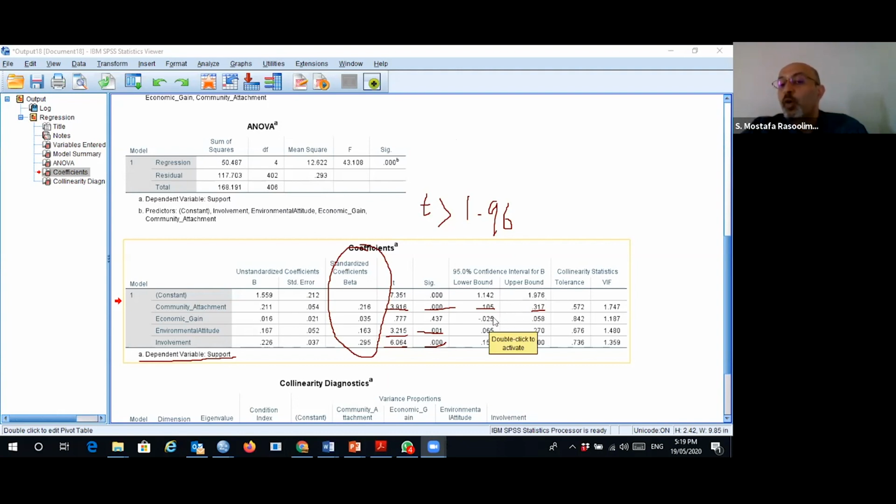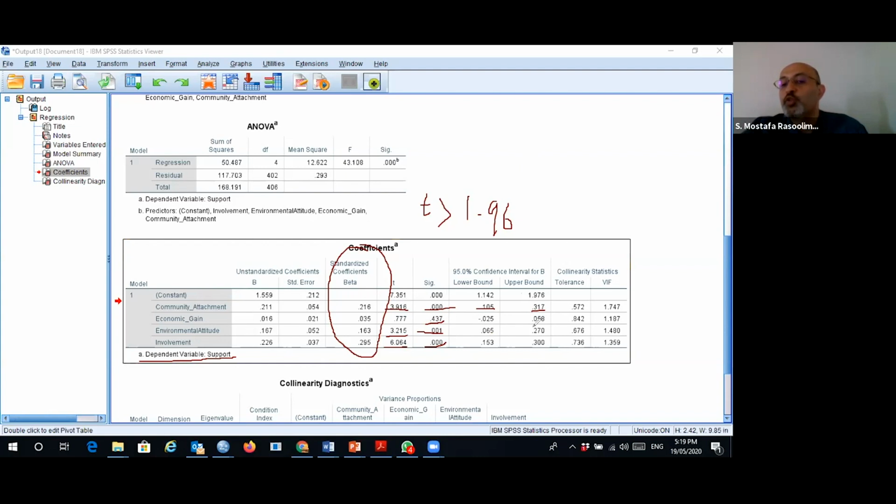So 0 falls within this range, 0 is between these two values. And this is also consistent with the p-value, which is higher than 0.05. So the second one is not significant based on t-value, p-value, and confidence interval.